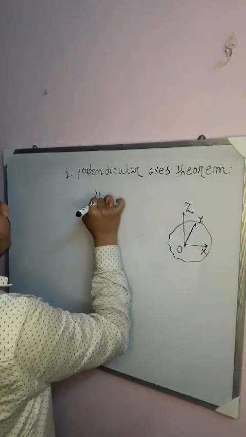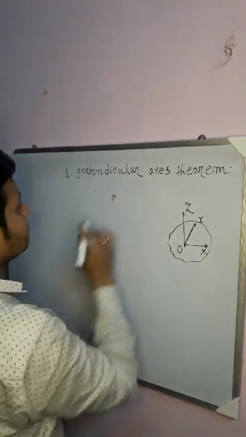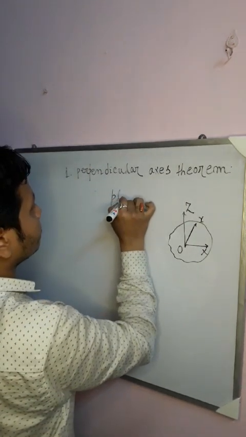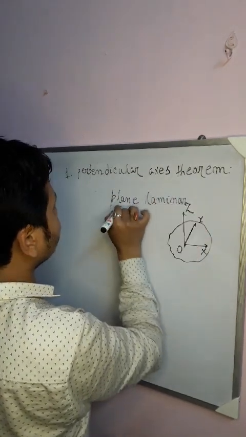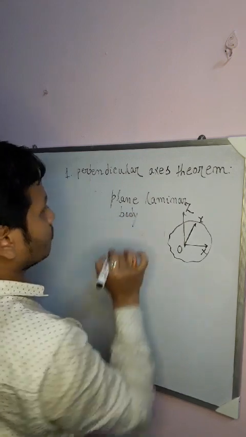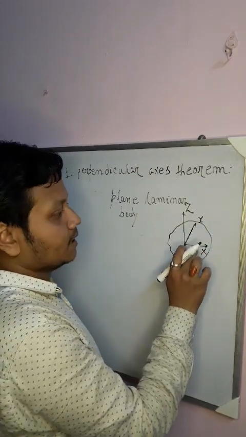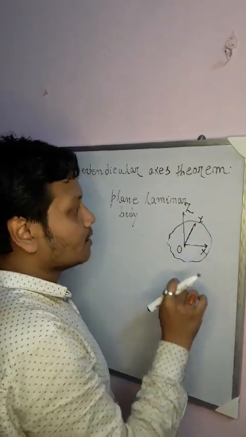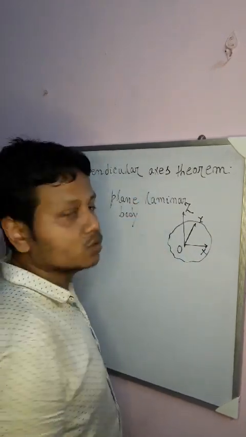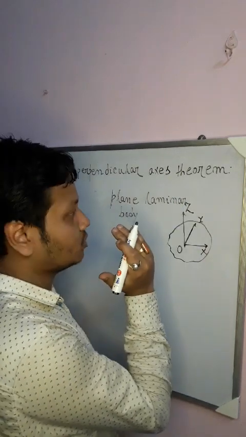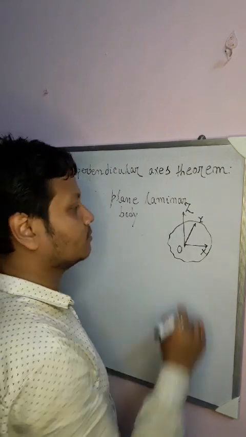We choose a plane laminar body, so there are three axes: the x axis and y axis are in this plane, that is the plane of the lamina, and the z axis is perpendicular to the plane.